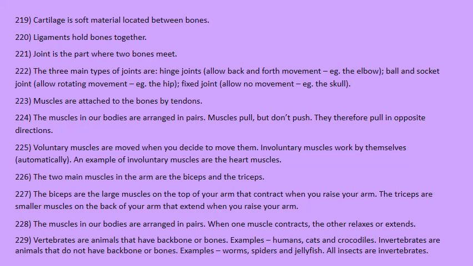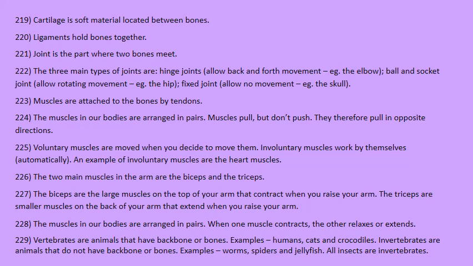The biceps are the large muscles on the top of your arm that contract when you raise your arm. The triceps are the smaller muscles on the back of your arm that extend when you raise your arm.